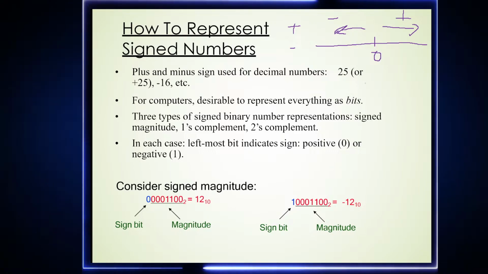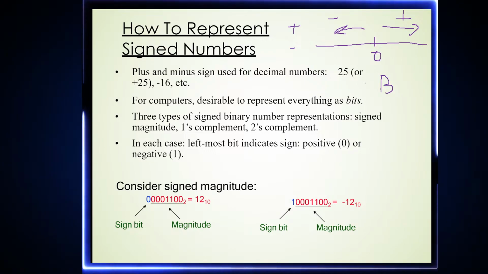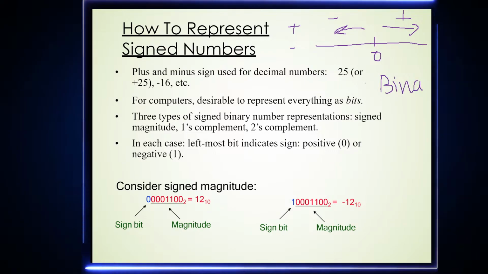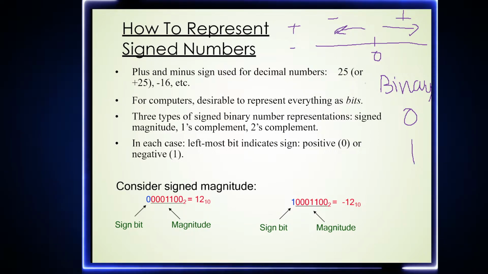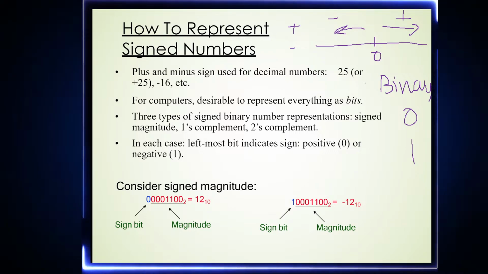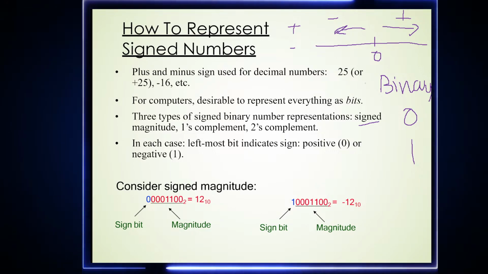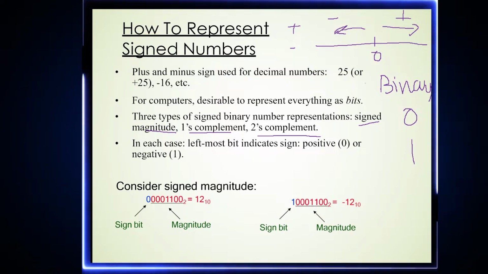Now in case of computers, we all know that we use the binary number system, and in the binary system we have 2 bits, zeros and ones. There are 3 types of signed binary representations that you need to know. First one is the signed magnitude, second one is 1's complement, and the third one is 2's complement.